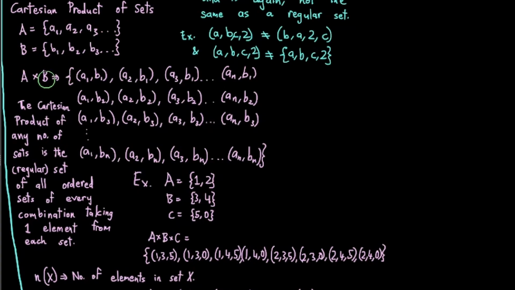B into A would be the other way around, where the first element has to be from the set B.